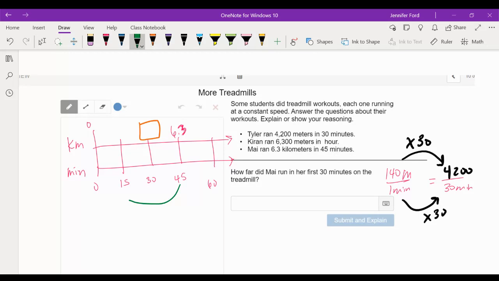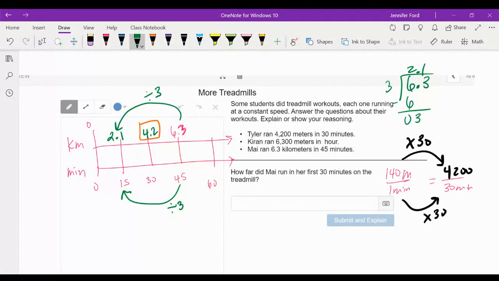So here to get from 45 down to 15, divide by 3. So to get from 6.3 down to this number, I'm going to divide by 3. 6.3 divided by 3 is 2. 6, subtract 0. So it's 2 wholes. Bring down that 3, 2.1. So then it'd be 4.2 kilometers in 30 minutes.